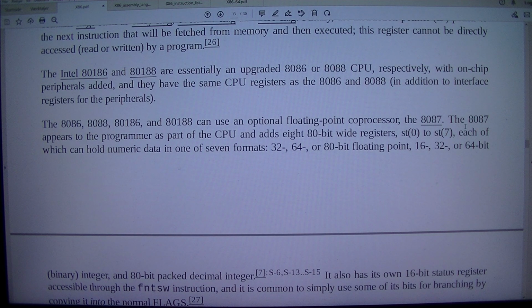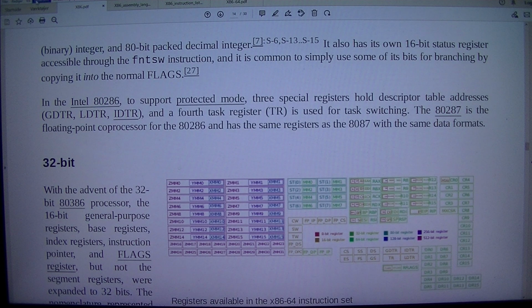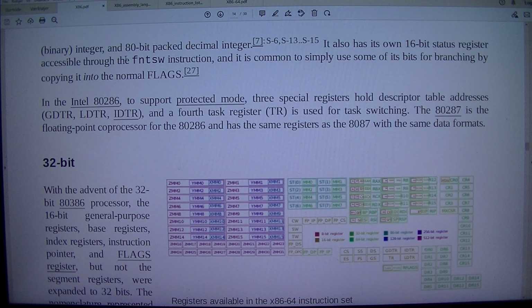The 8087 appears to the programmer as part of the CPU and adds 8 80-bit wide registers, ST0 to ST7, each of which can hold numeric data in one of 7 formats: 32, 64, or 80-bit floating point, 16, 32, or 64-bit binary integer, and 80-bit packed decimal integer.